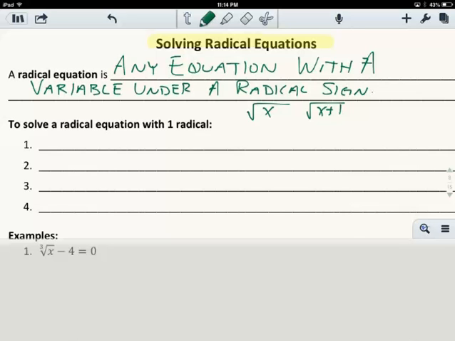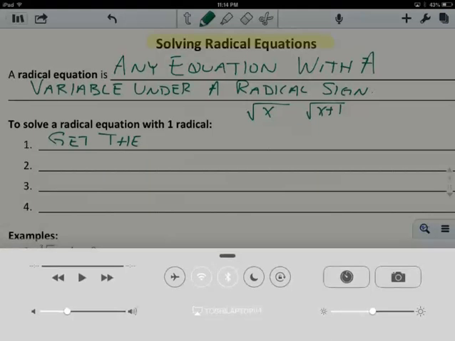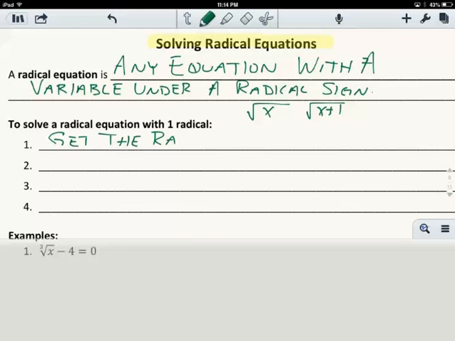So the first thing you want to do when you have a radical equation is get the radical by itself. You want to get it all by itself so there's nothing else with it.